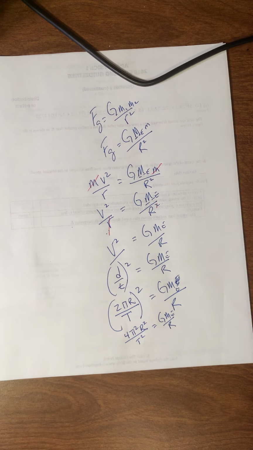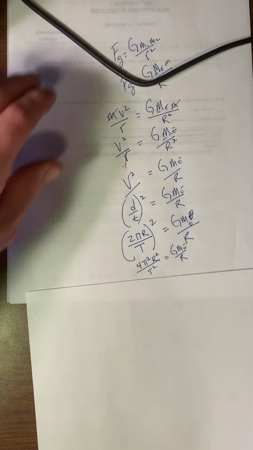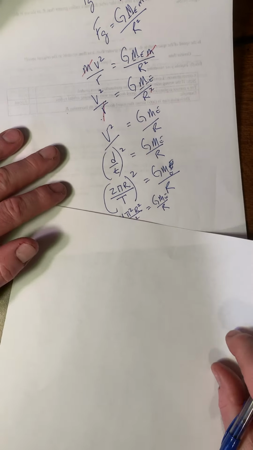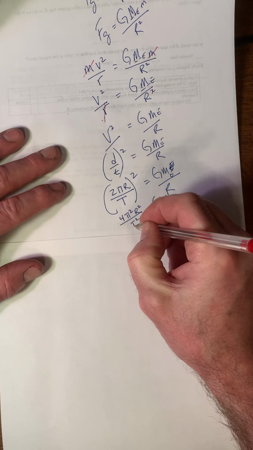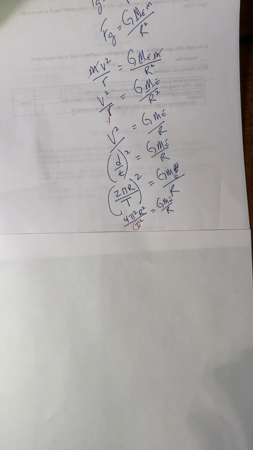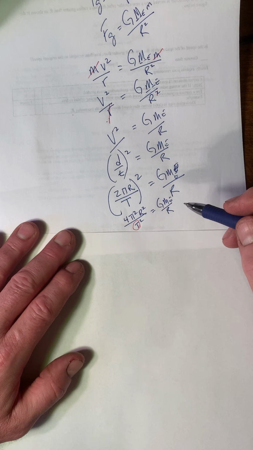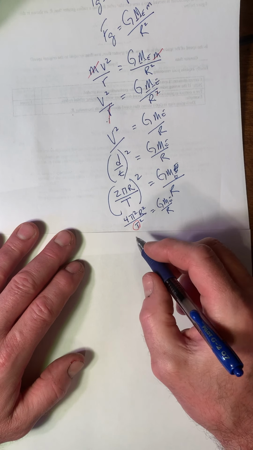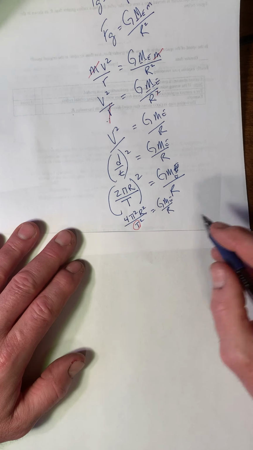Right now, the challenge is to solve for T. I guess you could cross multiply if you wanted to, or just flip everything.